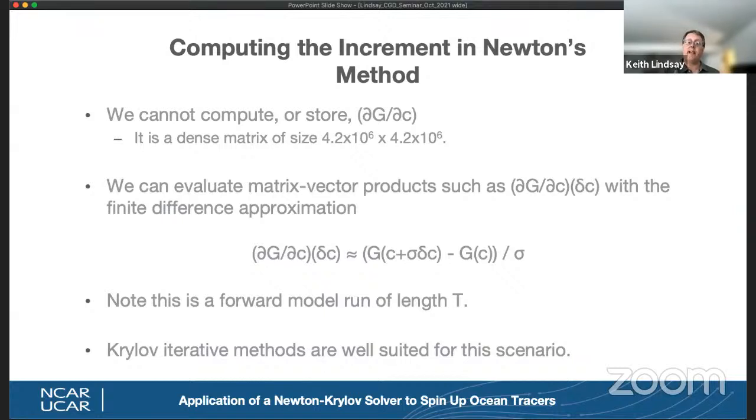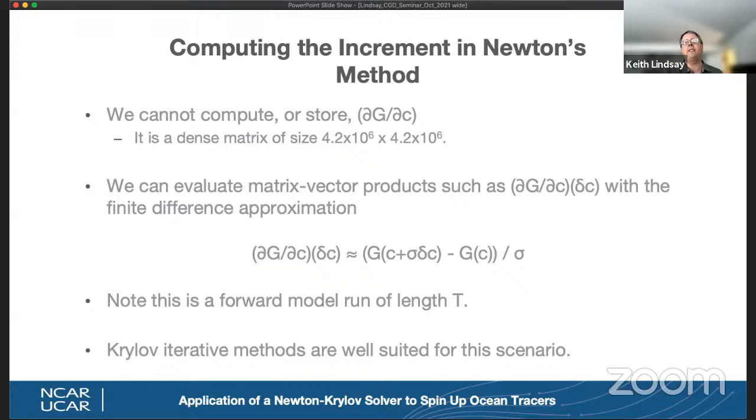So for better performance, we want T to be small, but to have representative circulation, we want T to be large. There's a tension there in finding a decent optimal value.